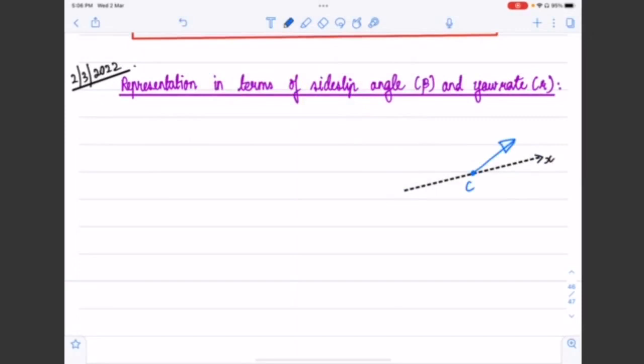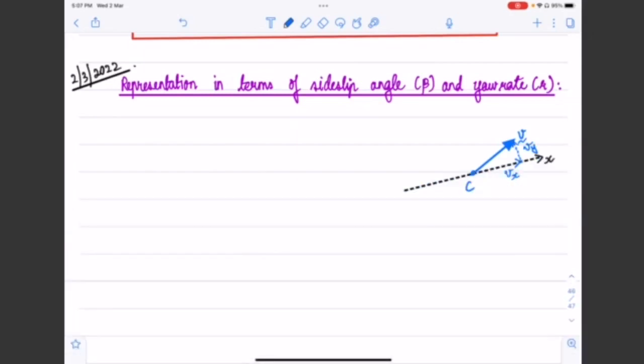Let me draw the velocity vector at the center of mass V, and it has two components, Vy, which we called y dot, and Vx, the longitudinal speed at the center of mass.